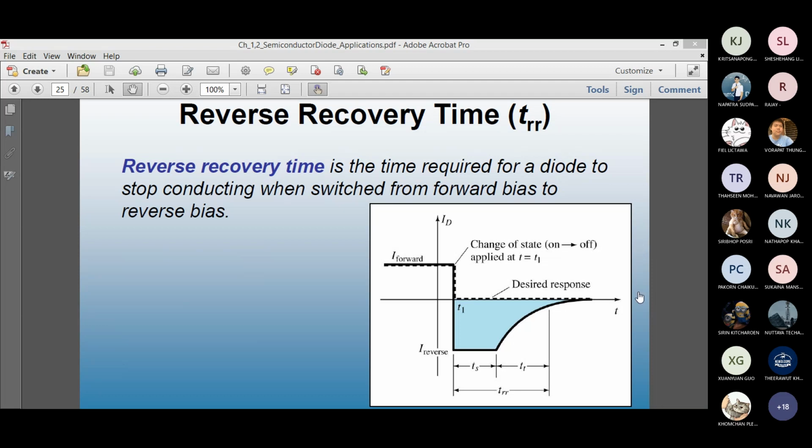Let me ask Kolawik. When you switch the diode from forward bias to reverse bias, what current do you ideally expect?